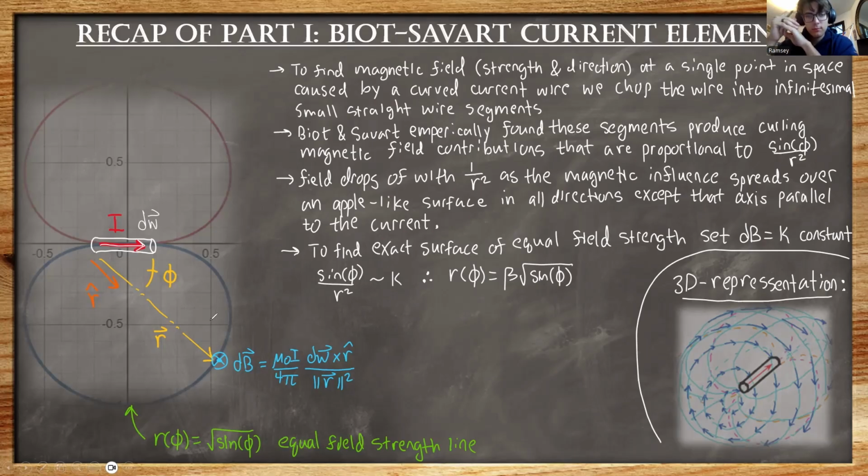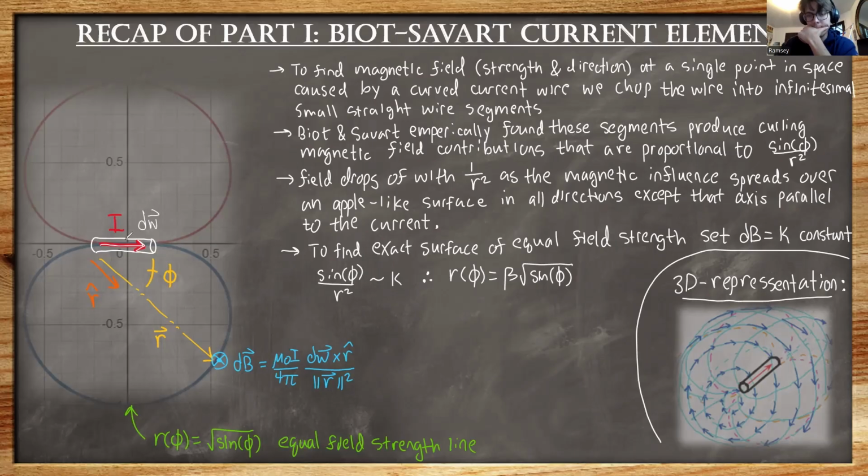So just like with the long straight wire, it's only that theta hat component that exists. There's no z hat component. There's no r hat component to that field. It's all curling. What they also found was that the magnetic field was proportional to sine of phi divided by r squared.